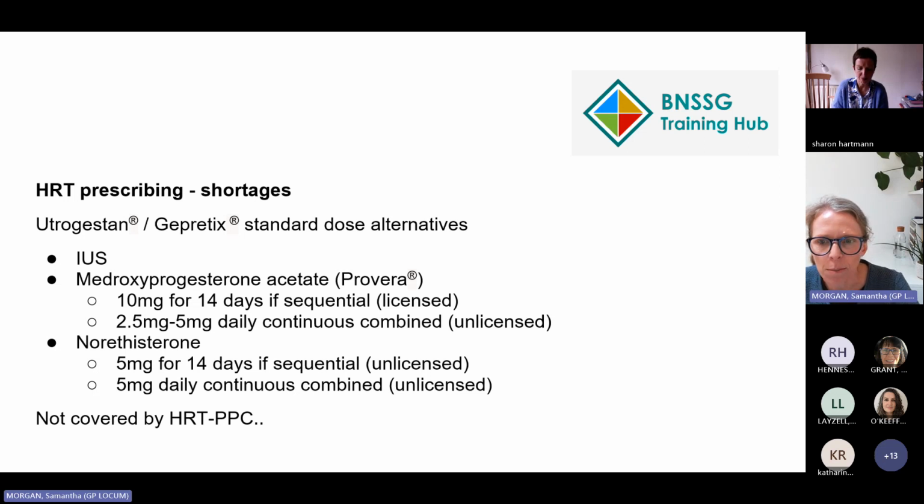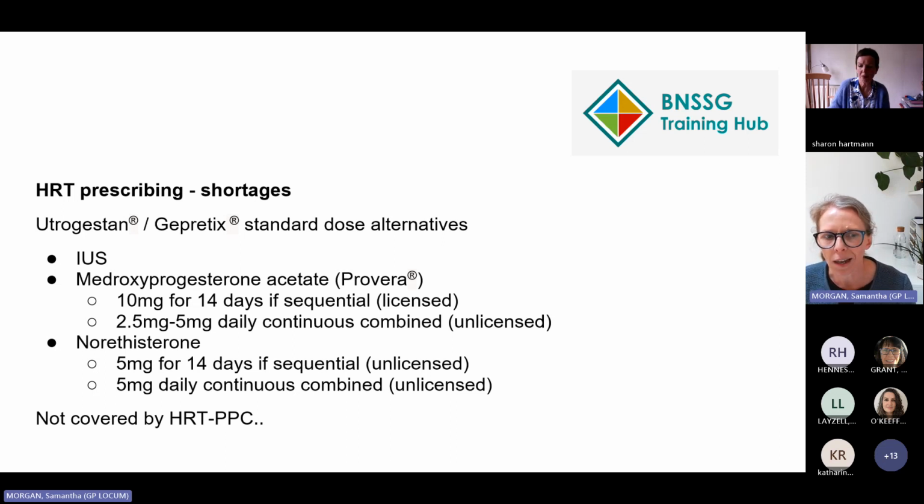So really important to remember that norethisterone does have an increased VTE risk. So for some women, if they've deliberately been started on a micronized progesterone because of that higher background VTE risk, we need to somehow manage to capture that with these switches to know not to switch some people across. And also just to let you know that some of these products aren't covered by the prepayment certificate.